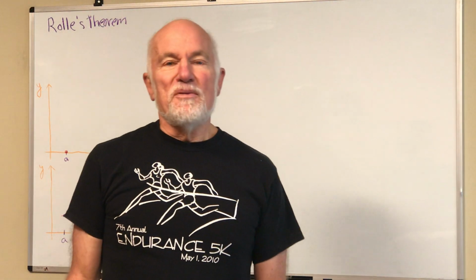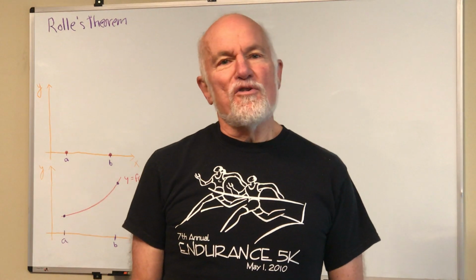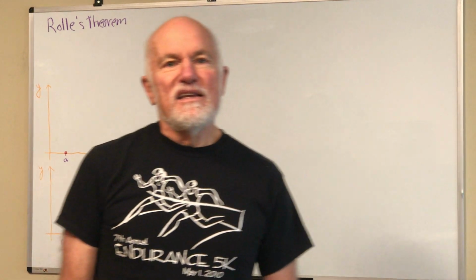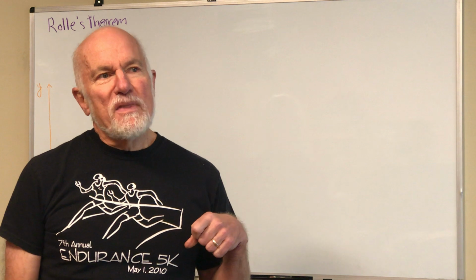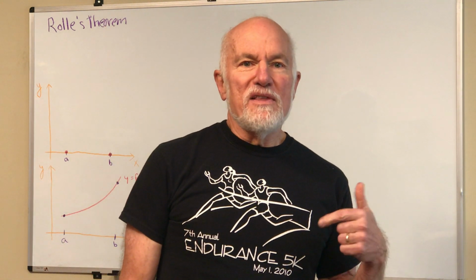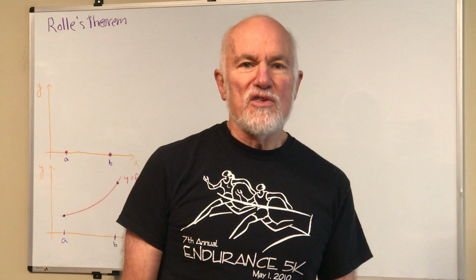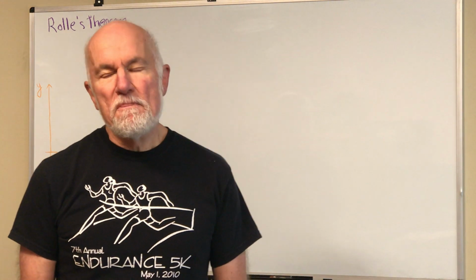It was in 1691 that this theorem was first formulated. Knowing that Sir Isaac Newton and Gottfried Leibniz, not too long before that, had formulated the first ideas of calculus, it gives you some idea when this was done.